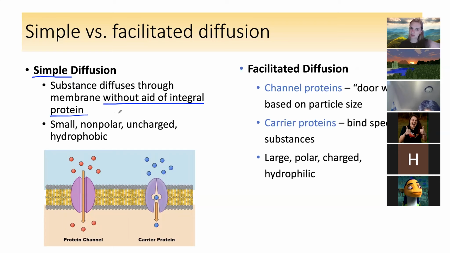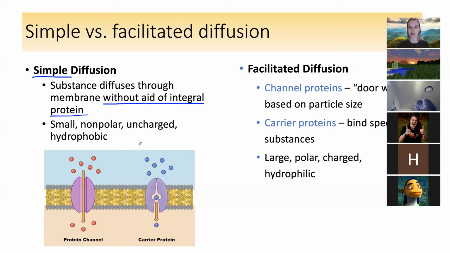These molecules can simply pass through the membrane based on their concentration gradient. They move from an area of high concentration to an area of low concentration. Those particular molecules tend to be very small, non-polar, uncharged, hydrophobic, basically dissolved gases.